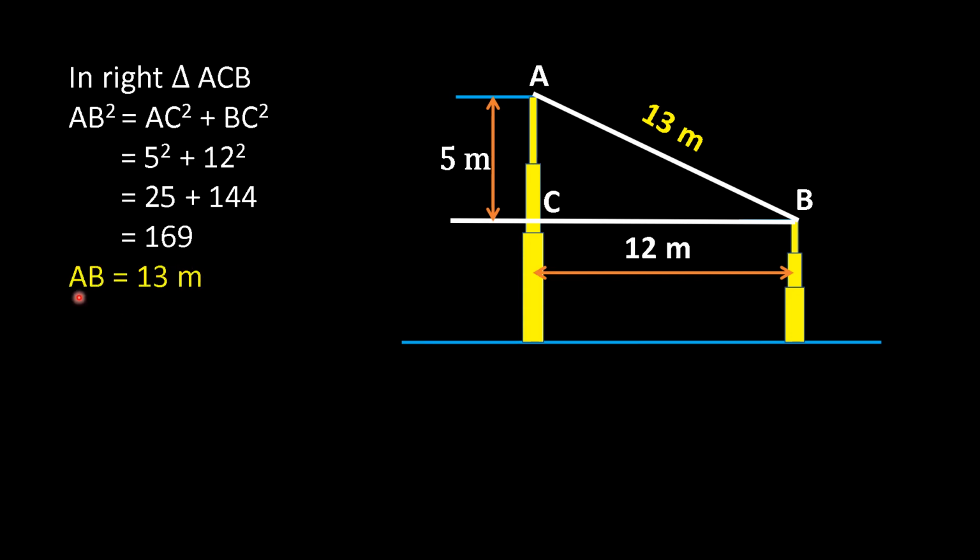So AB will be square root of 169, which will be 13 meter. So 13 meter is the distance between the tops of these two poles.